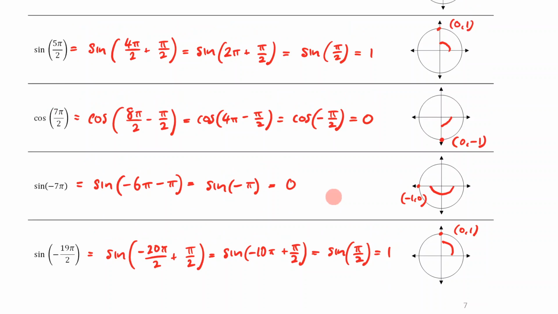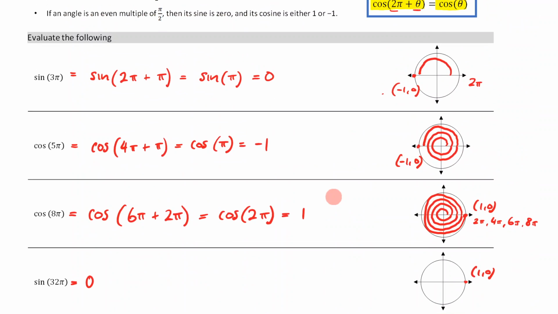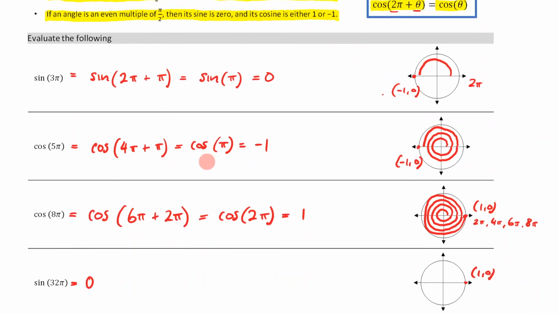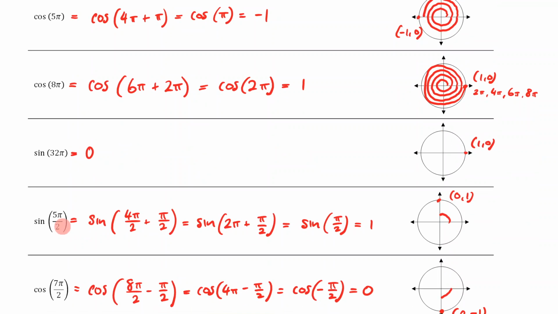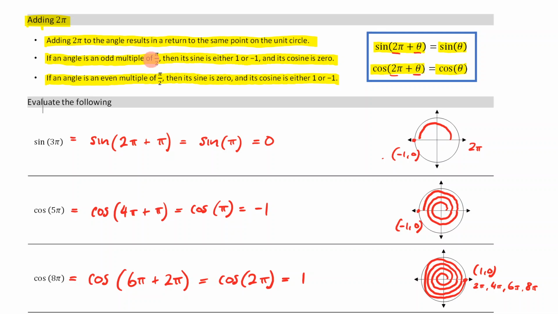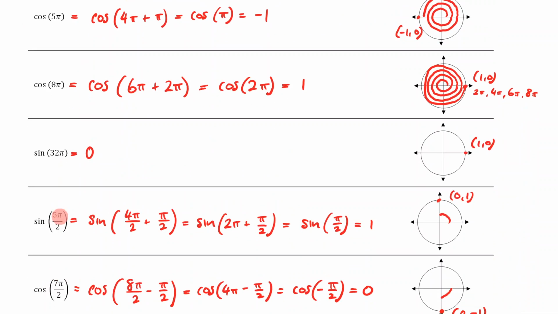If we go back up to the very top, there were 2 interesting sentences there, which say, if an angle is an odd multiple of pi on 2, then its sine is either 1 or negative 1, and its cosine is 0. And so too, if an angle is an even multiple of pi on 2, then the sine is 0, and the cosine is either 1 or negative 1. If we come down to something like this, this is clearly an odd multiple because 5 is an odd number.